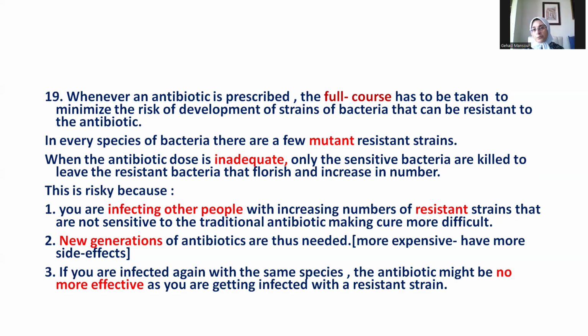You will be using a broad spectrum antibiotic that usually has more side effects. But there is a major risk of using antibiotics in addition to the normal side effects, because how does the antibiotic work? It usually works by preventing reproduction of bacteria.